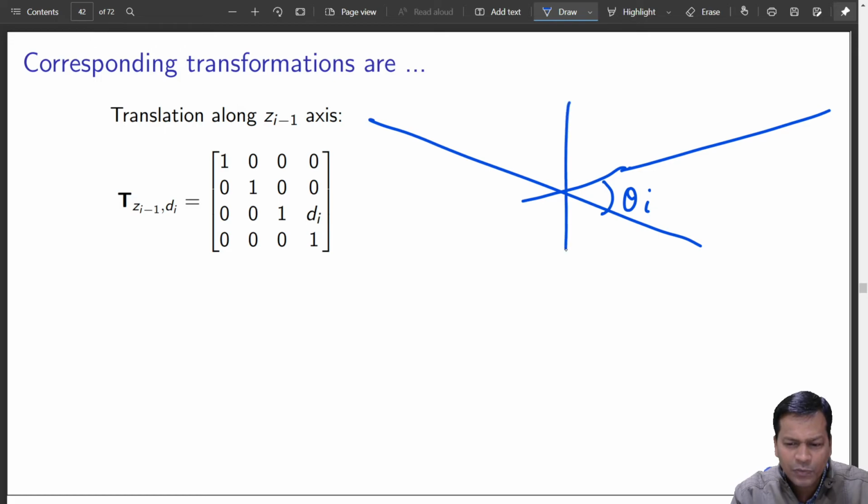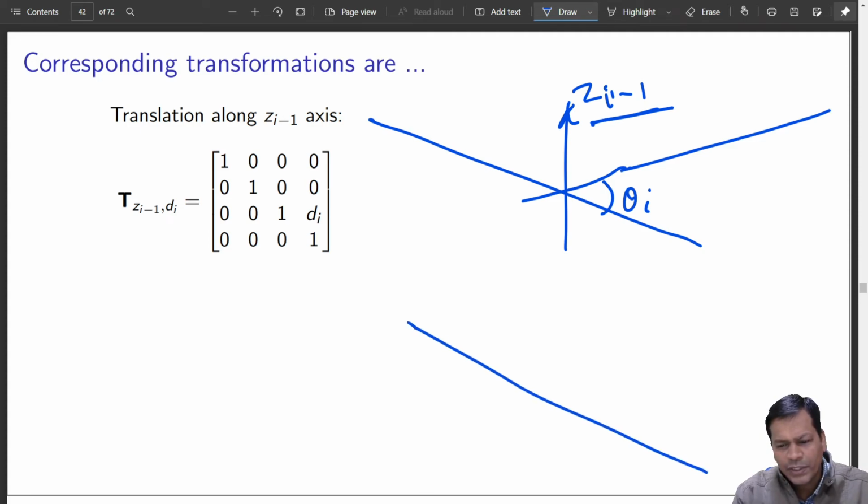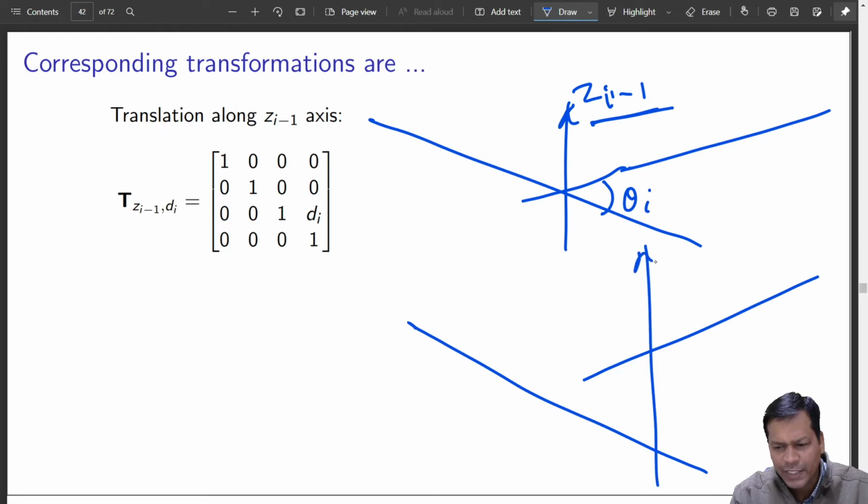Because this was zi minus 1, this is rotation about the z axis. That is the first thing that you do. Another one is, if this is your first link, this is your second link, and this is your common zi minus 1 axis, there is an offset, this is di.